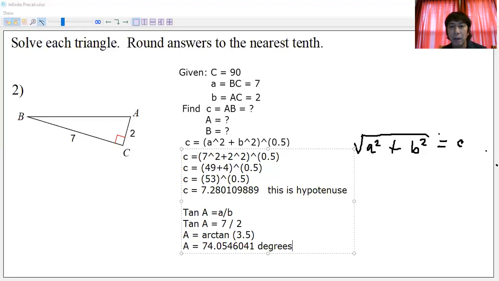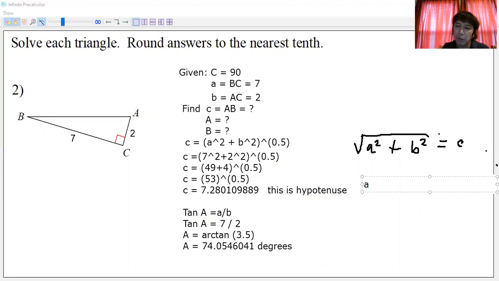Now we can compute for angle B by using the ordinary formula. We know that the total is always 90. So we can use A plus B equals 90.